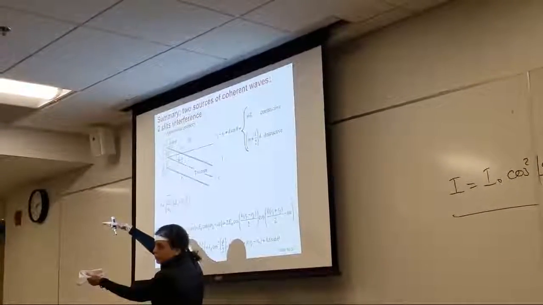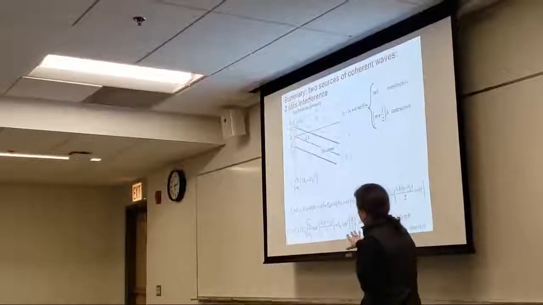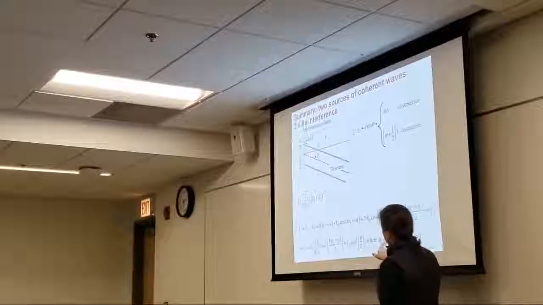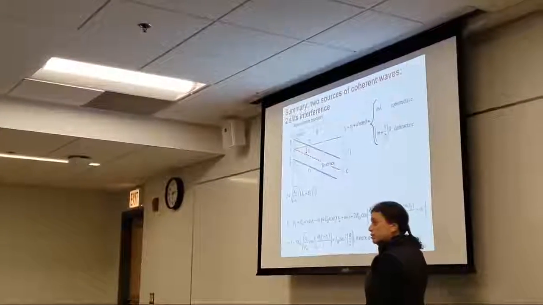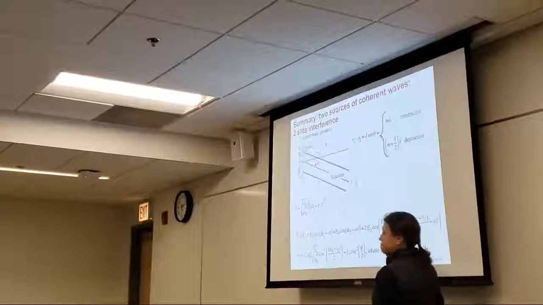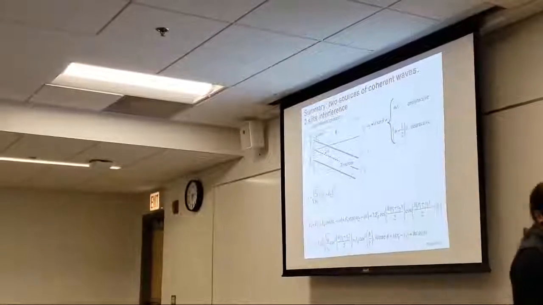Yes? So in that approximation, everything remains the same, except that I replaced r1 minus r2, the difference in path length, with d sine theta. So the angle becomes k d sine theta.